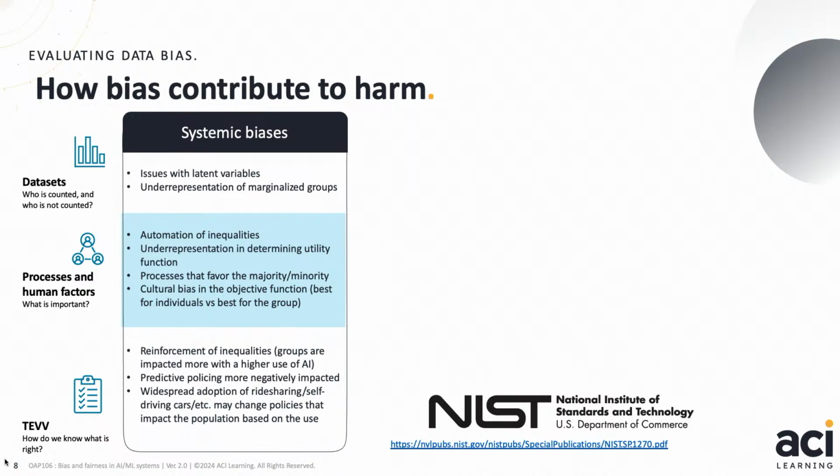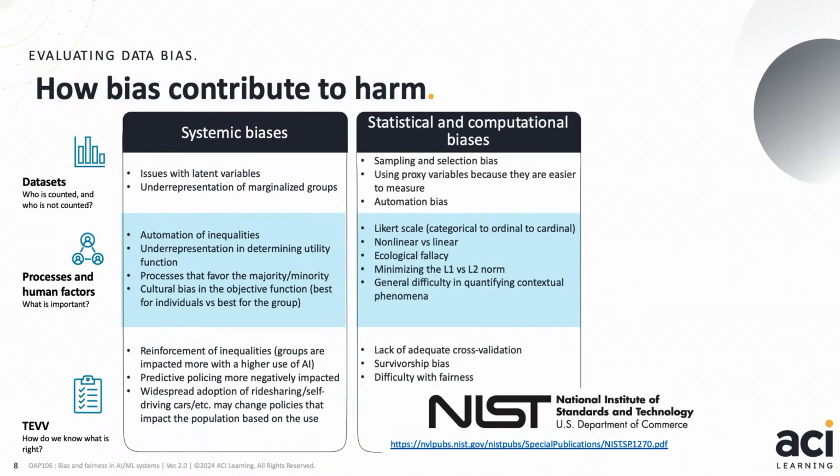The next one touches on statistical and computational biases. It goes into those data sets and the sampling. We talked about this on the last slide, like the sampling and selection biases that could take place. Then there's the process and human factor portion, where there are different types of tools and metrics you can utilize to understand what is important.